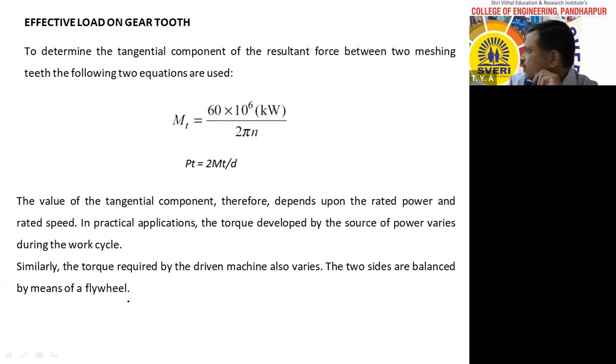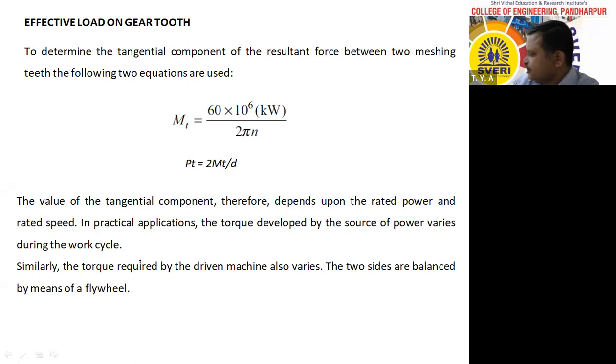Now, do you know the flywheel concept? You have studied it, I think. Flywheel means, what is the function of a flywheel?